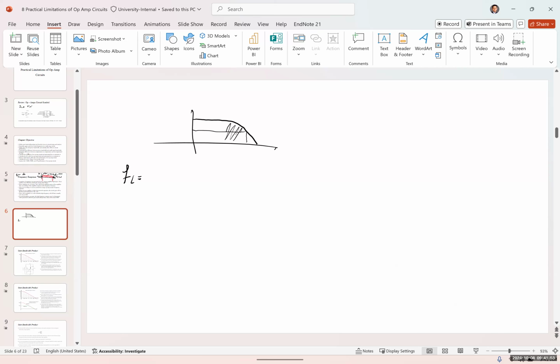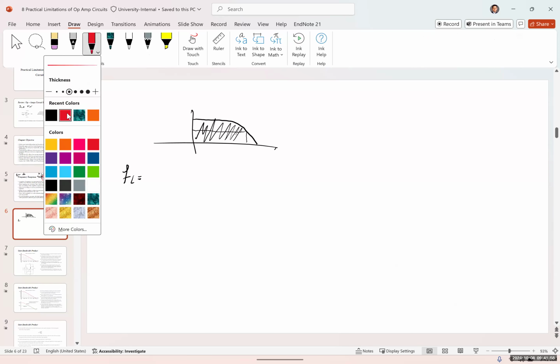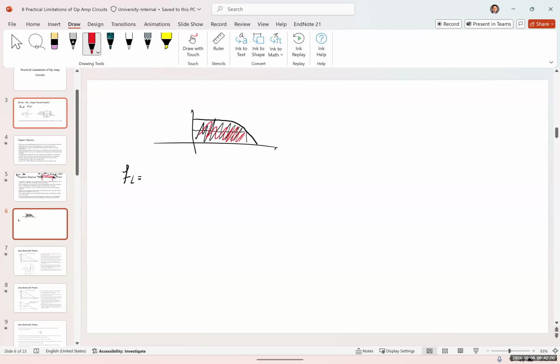Therefore, the frequency response would look like this, and this is what we call a low pass filter. A low pass filter is usually a filter that doesn't have a lower cutoff frequency, so it passes all the lower frequencies. You can see here it passes from 0 hertz, which, by the way, is a DC voltage, up to an FH, which here could be 1 megahertz, 10 megahertz, and so on.